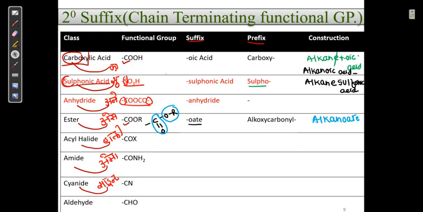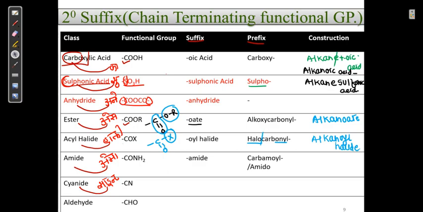Then we have OYL halide. This is known as what? OYL halide, and this is in the form of halocarbonyl. So this is known as alkanoyl halide. Amide, carbamoyl.